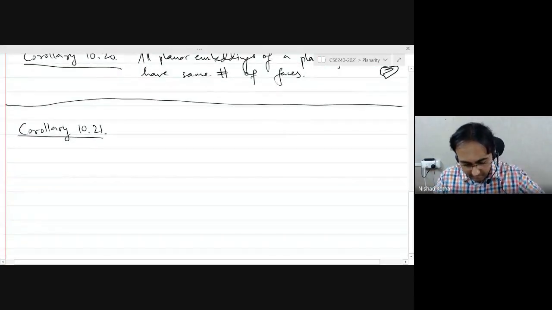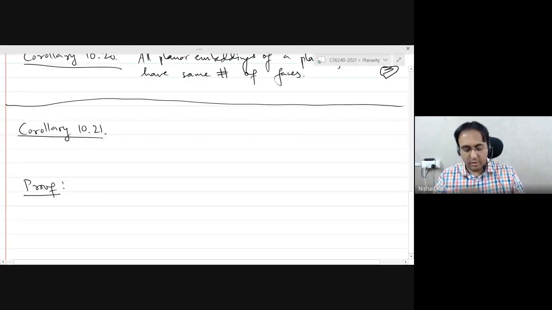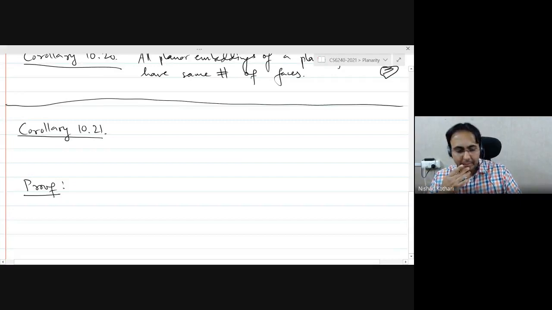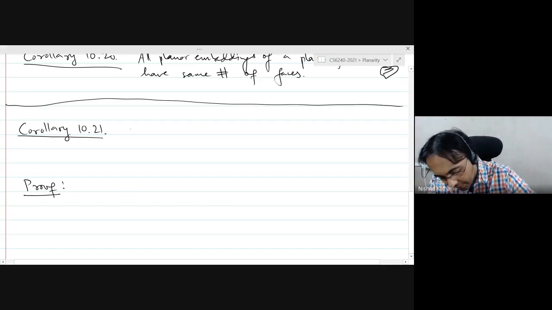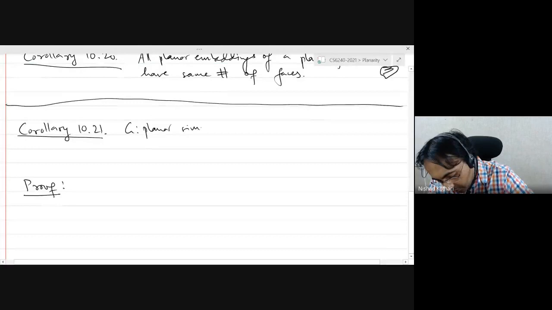Okay, so before we write down the statement, let's try to see what is the bound we can get. Okay, so we are going to use the following. Let's say we have a planar graph, simple planar graph.